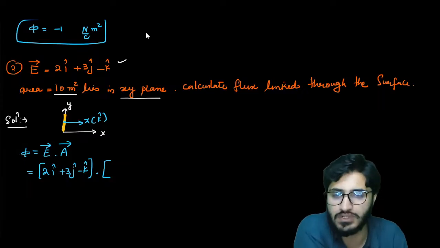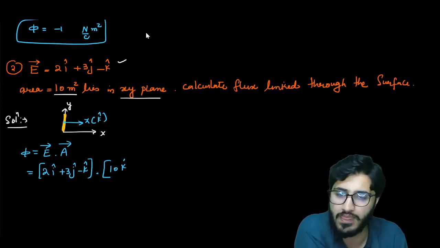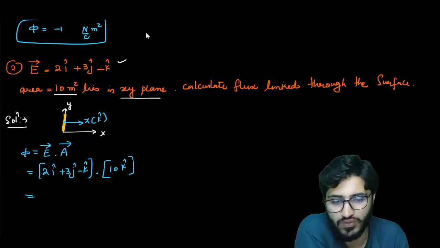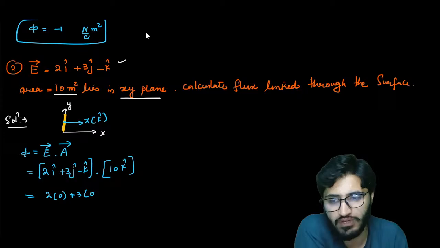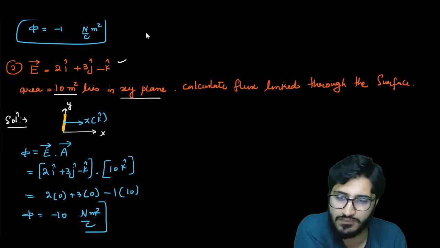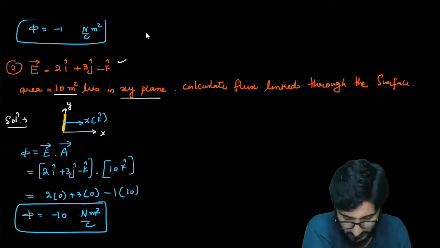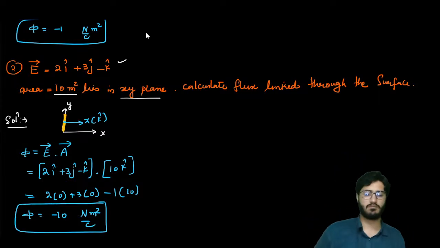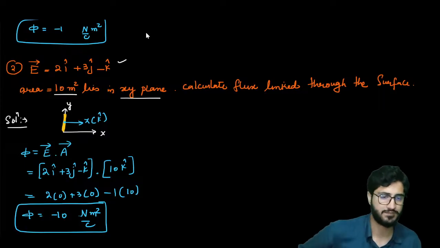A is equal to 10k cap. 2 into 0 is 0. 3 into 0 is 0. Minus k, there is minus 1 into plus 10. My phi came out to be minus 10 newton meter square per coulomb. Done? Easy?